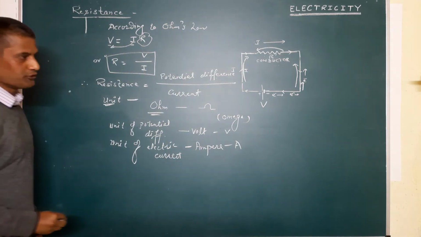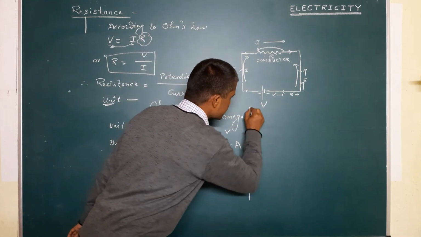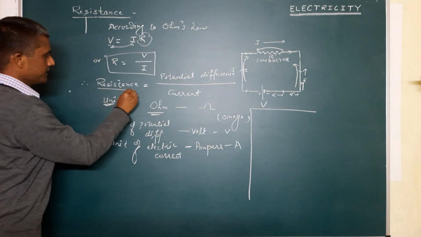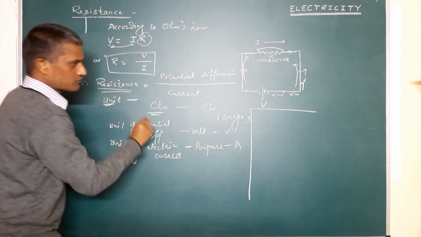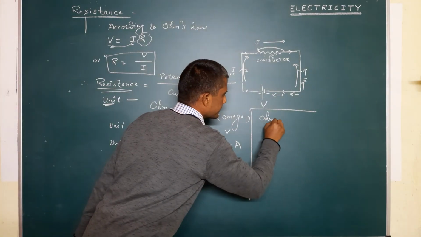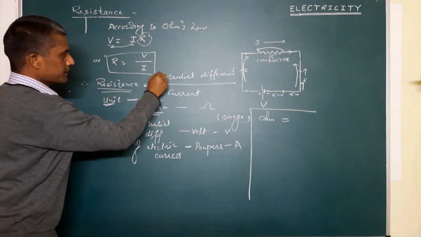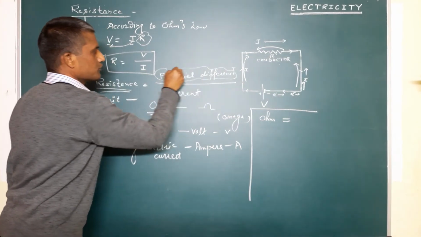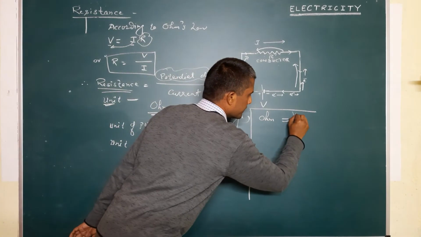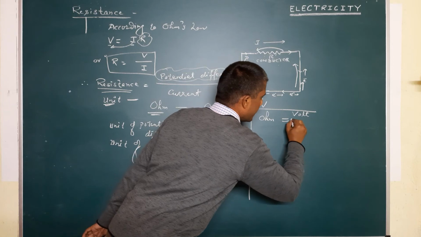So in case of unit, in place of resistance, it is going to be Ohm. Ohm is equal to, in case of potential difference, the unit of potential difference is volt. Here comes volt.